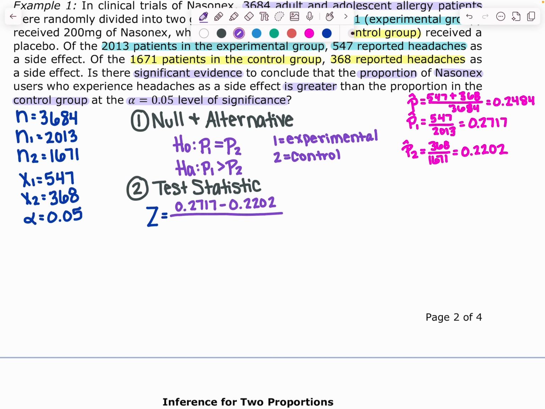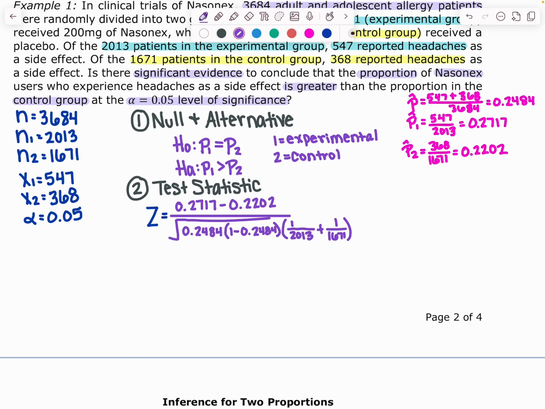And then on the bottom, it's the square root of 0.2484 times 1 minus 0.2484 times 1 over 2013 plus 1 over 1671.